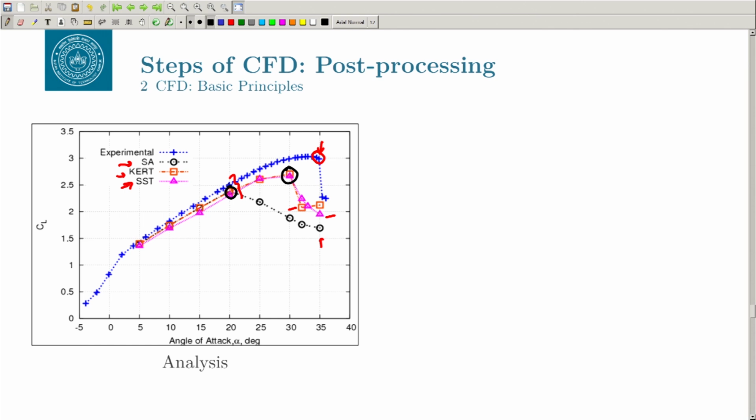When the angle of attack has increased up to a certain value, the flow started experiencing separation. Whether these models are able to capture the separation, that is the question. If they are not able to capture the separation, you will not get the correct value or correct flow picture from the simulation.